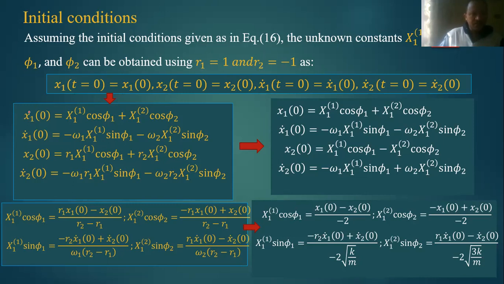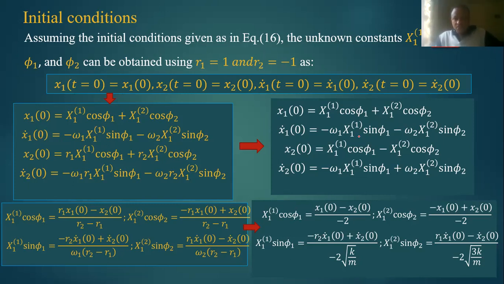The first derivative of this one, x1 dot of 0, is equal to omega 1 x1 of 1 sine phi 1, omega 2 x1 of 2 sine phi 2. Similarly for the second.